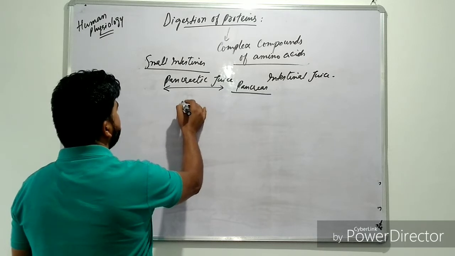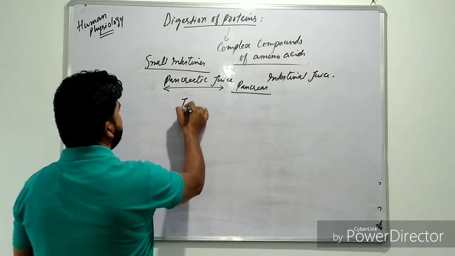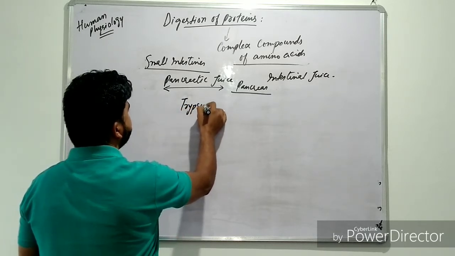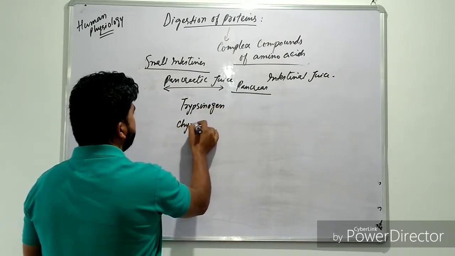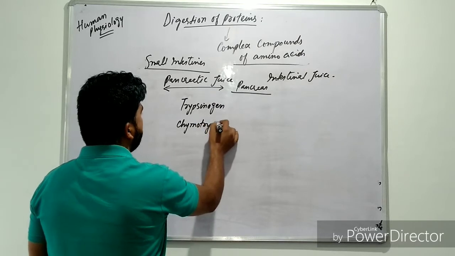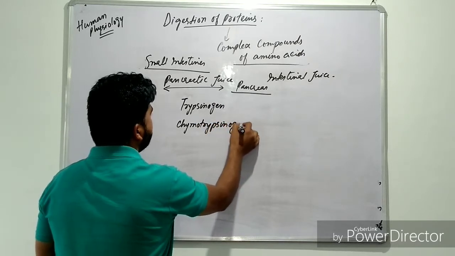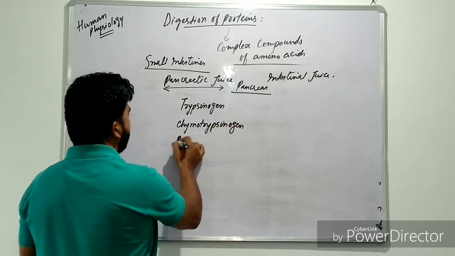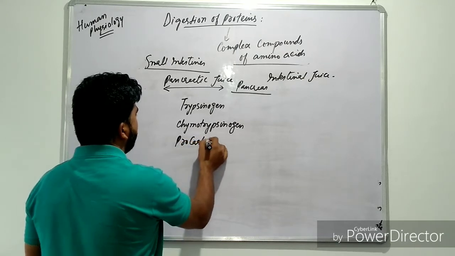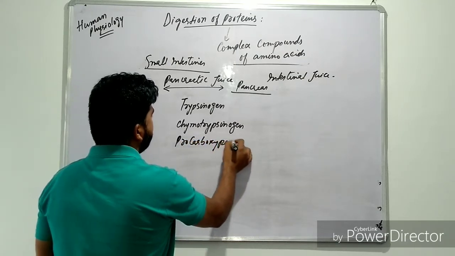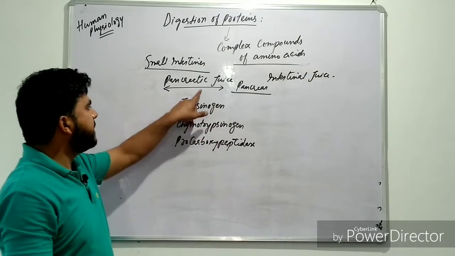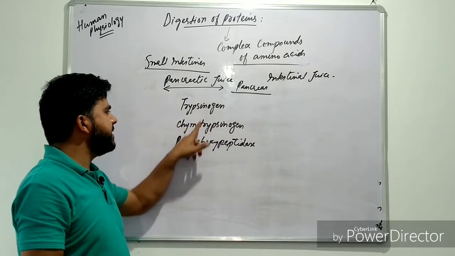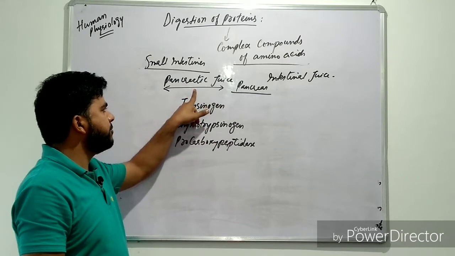We have got trypsinogen, we have got chymotrypsinogen, and we have got procarboxypeptidase. So there are three types of protein digesting enzymes in the pancreatic juice.